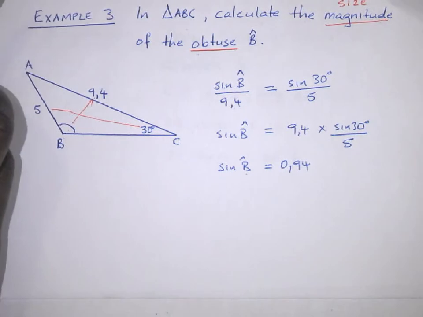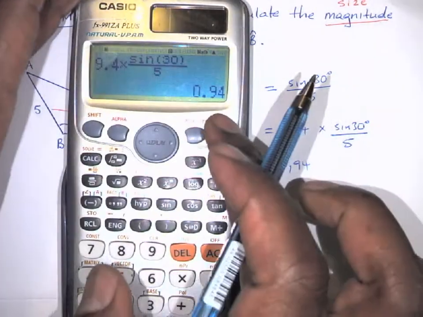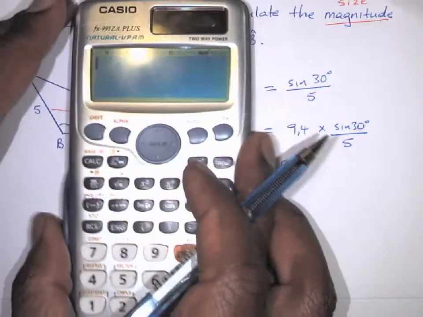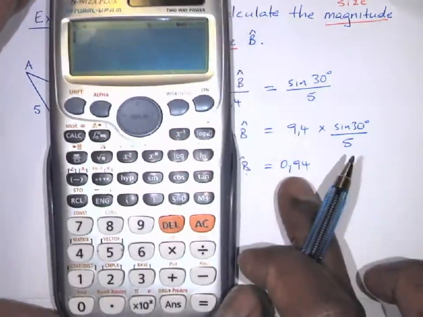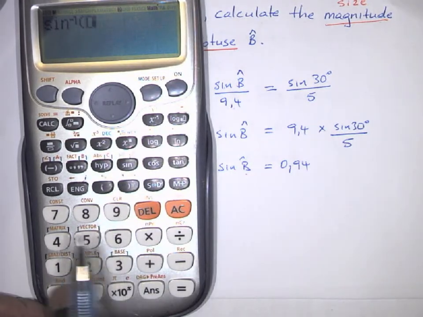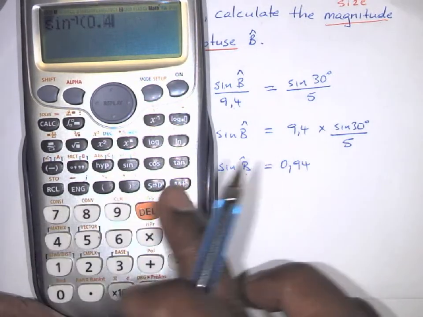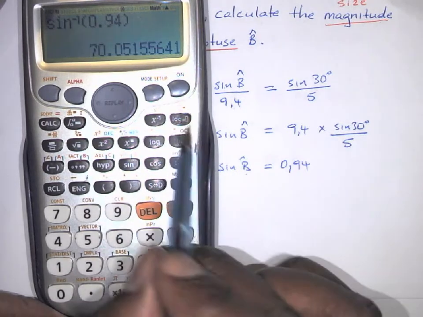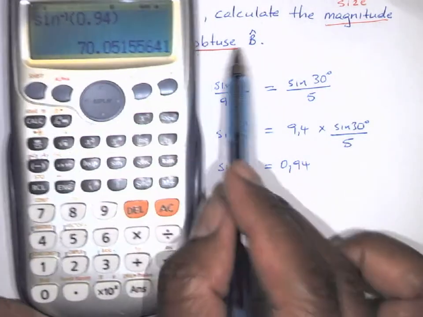If I do a shift on the calculator, shift sine of 0.94, the answer there is an acute angle, but not an obtuse angle.